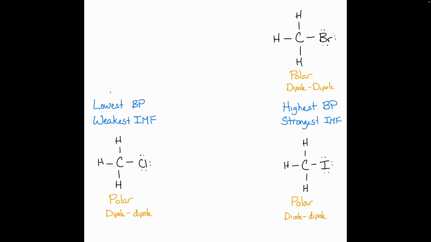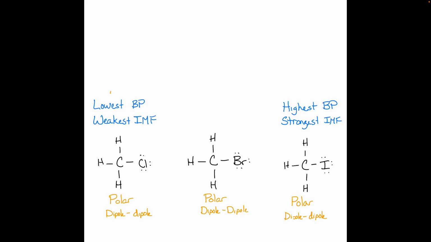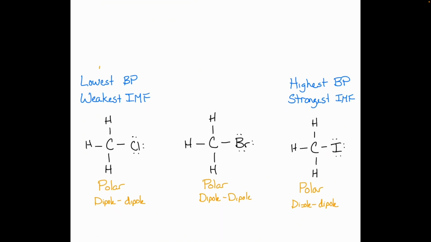And bromine sitting in the middle is going to have that intermediate boiling point. So again, ranking from our lowest boiling point, the smallest atom, chlorine, to our largest, the most electrons in that iodine atom.